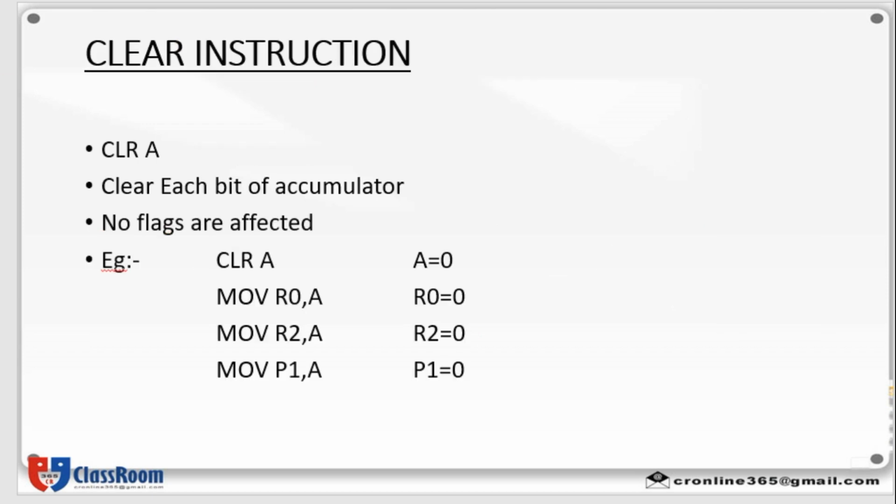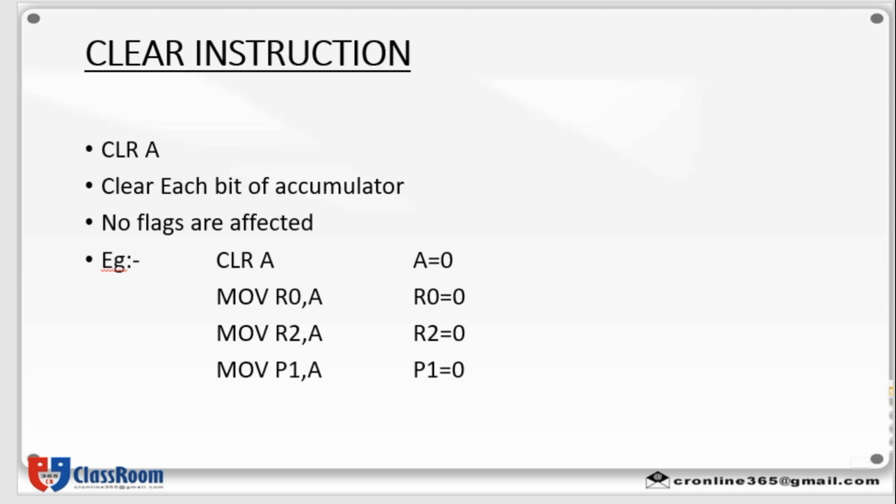Then next is the clear instruction. Clear means you have to give the result as 0. CLR A means clear each bit of the accumulator. The accumulator value will be equal to 0. No flags are affected by this instruction. Then MOV R0, A. That accumulator value is transferred to register R0, so the R0 value will be equal to 0.